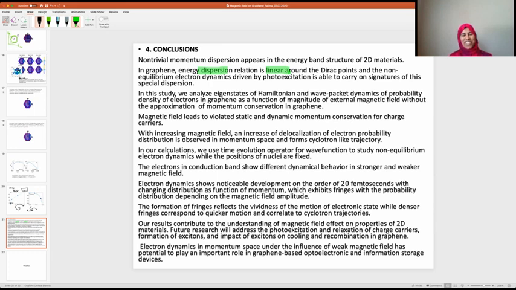That's what is written here. And then the applied magnetic field leads to violation of momentum conservation. And the dynamics of the electron probability distribution tends to form cyclotron-like trajectories. Okay. These are some of the conclusions.